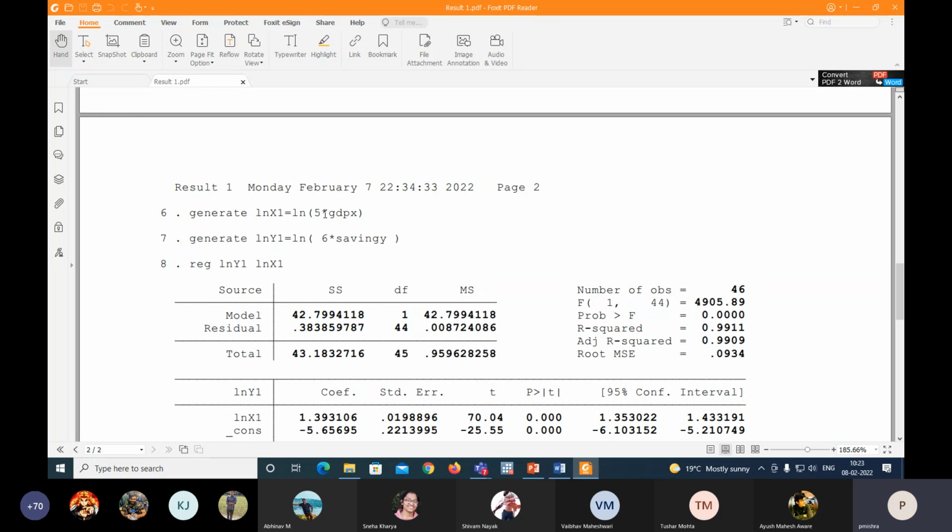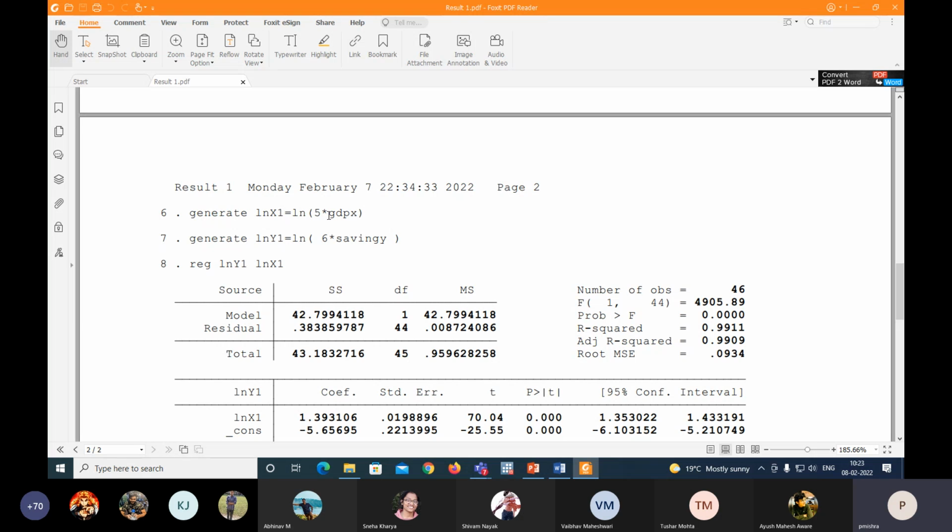Say the scale of GDP is changed by a factor 5, and that of savings is changed by a factor 6. And we are generating new variables. First we are changing the scale, then we are making log transformation. You see command number 6 and 7.